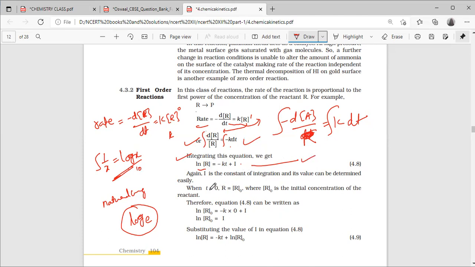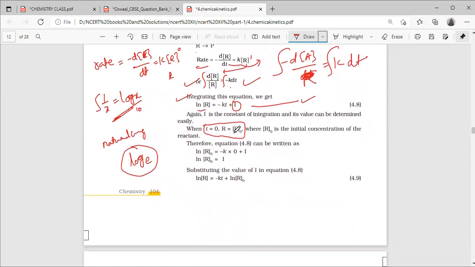Now here the process is what we need to calculate. We don't know the I. So for that I am taking t equal to 0. At t equal to 0, r equal to R naught, because the reaction has not yet started. Here R means not rate, R means the reactant concentration.